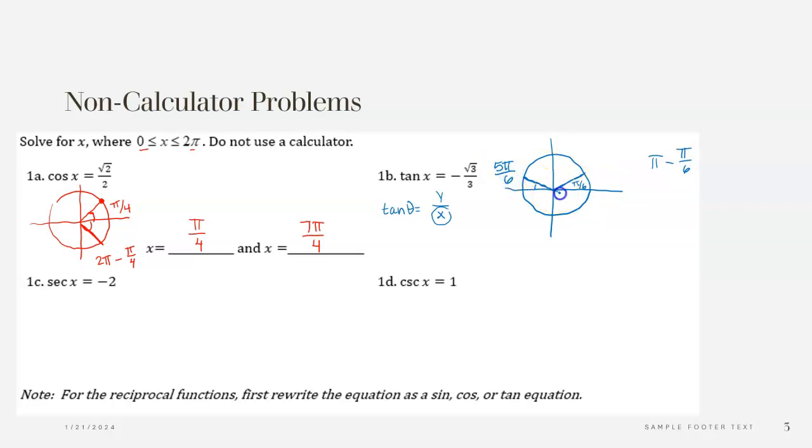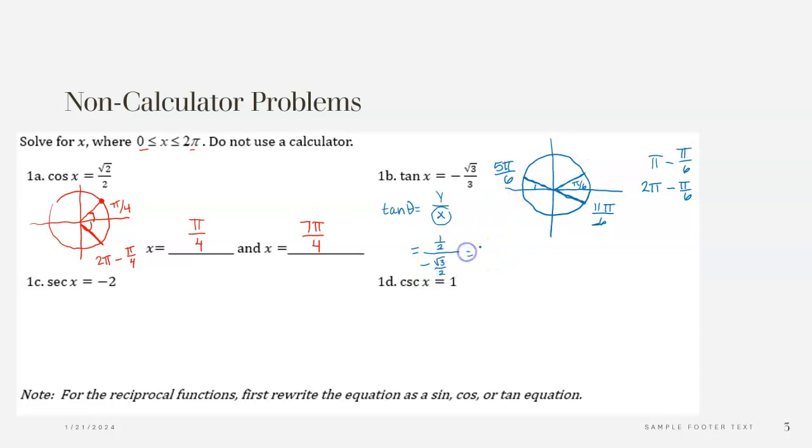And then if I want tangent to be negative, I also want the one that's in this quadrant. So I want 2 pi minus pi over 6. That would be 11 pi over 6. So those are the two values where tangent is negative and cosine has root 3 over 2 as a value. So if I check that just to be sure I'm right, the y coordinate would be 1/2 when I'm in this quadrant, and the x coordinate would be negative root 3 over 2.